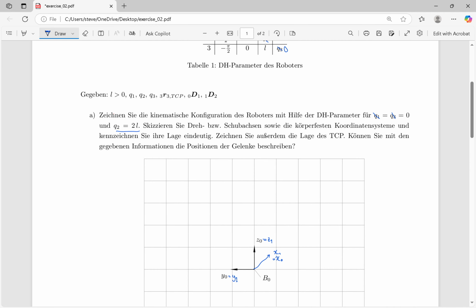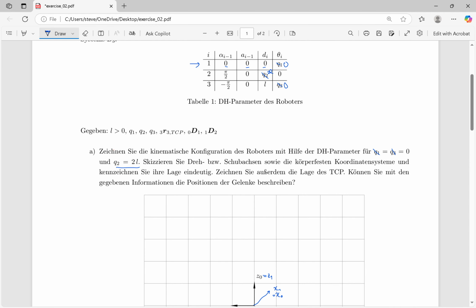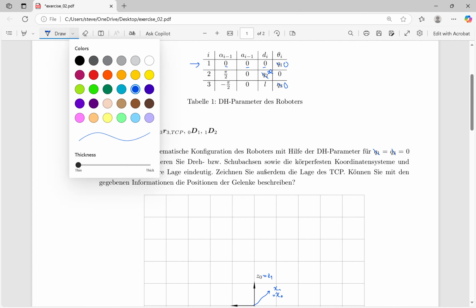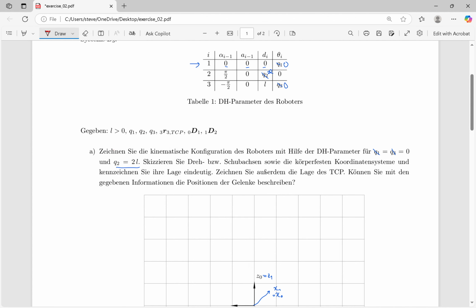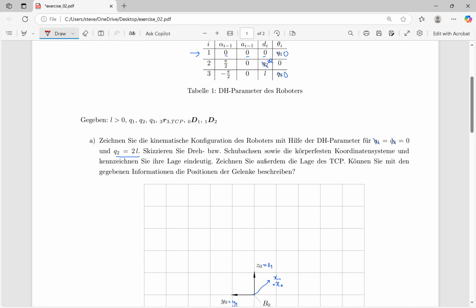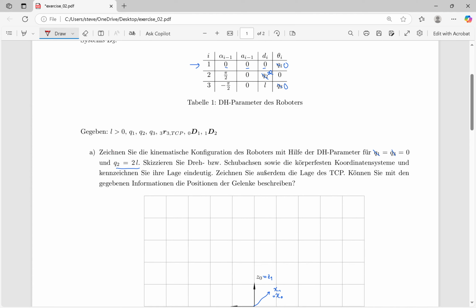Now let's move to axis number 2, and the first thing we will notice is that this parameter alpha 1 is the rotation between two z-axes. So from z1 to z2, we rotated an angle of 90 degrees around the axis x1.